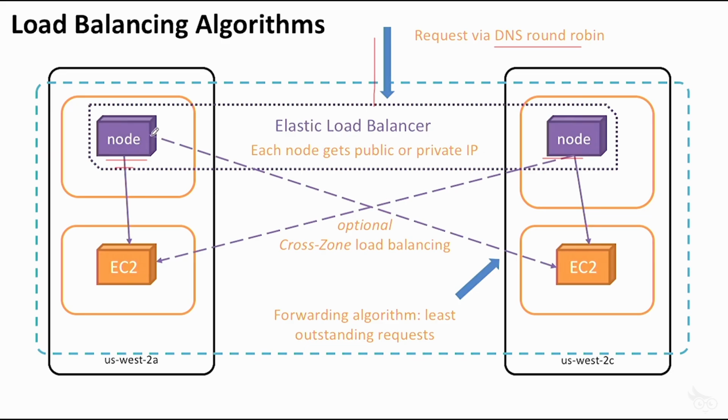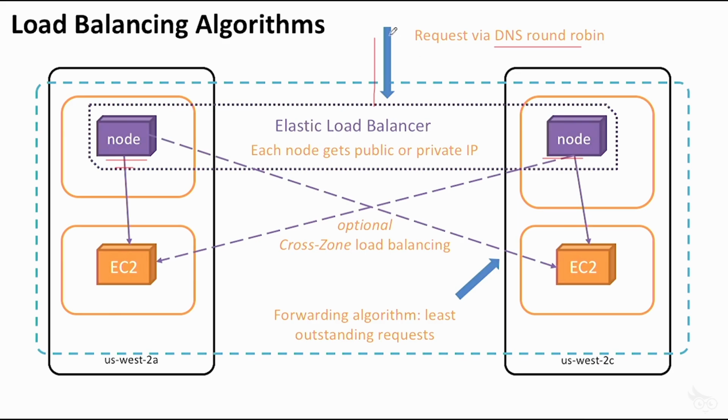In those cases where you do expect traffic to spike, you can submit a ticket to Amazon support and ask them to, quote unquote, pre-warm your Elastic Load Balancer and initiate that scaling event ahead of that wave of traffic, and that will get you more nodes under the hood.